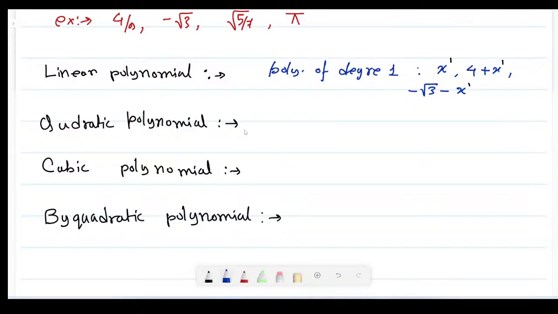Similarly, what is a quadratic polynomial? Those polynomials of degree 2.